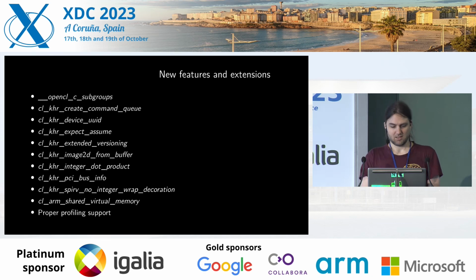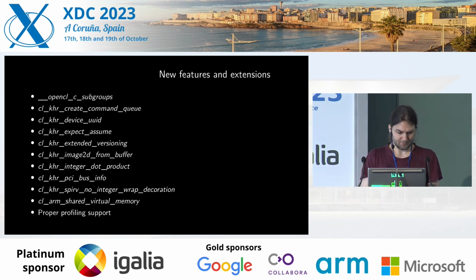There were also a couple of new OpenCL extensions enabled, and optional OpenCL features like subgroups are quite important. There's also the image 2D from buffer extension, which is used by some professional video editing tools, so that's also nice to see.